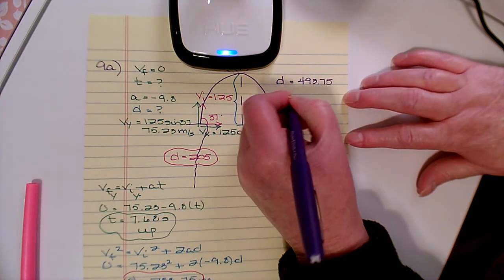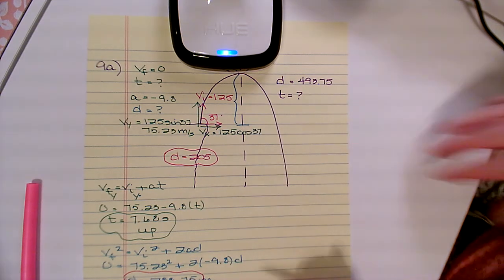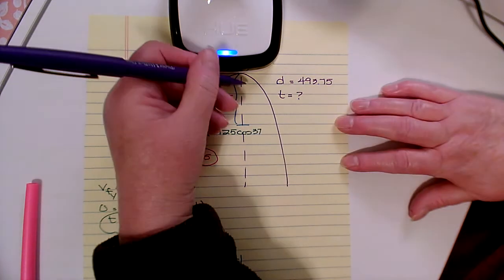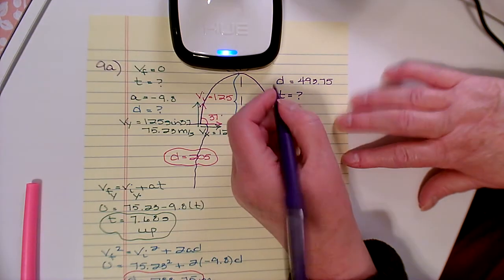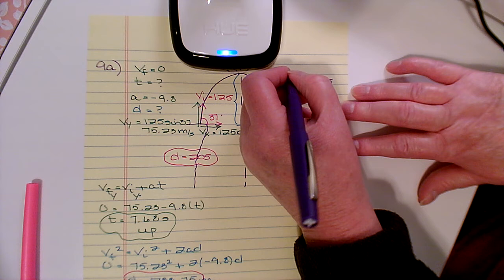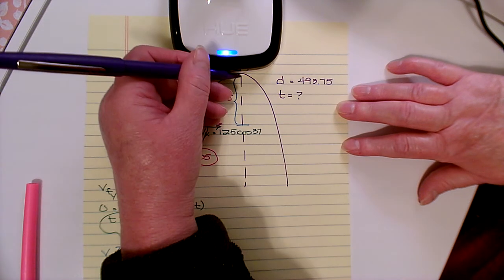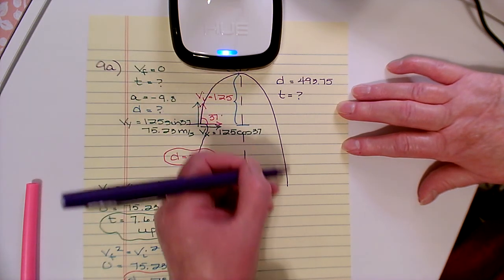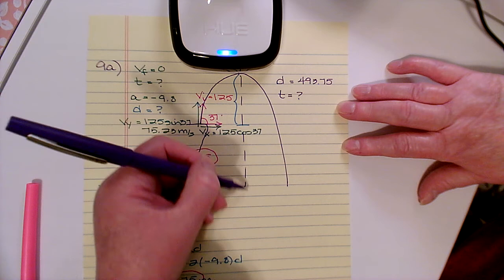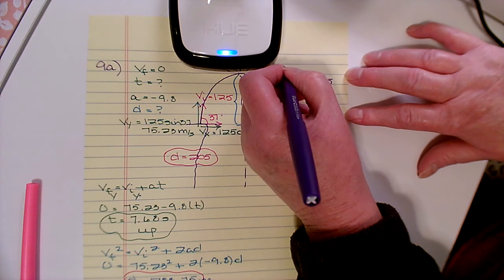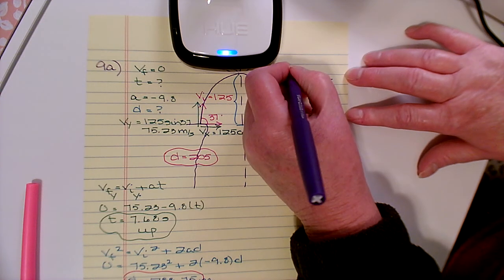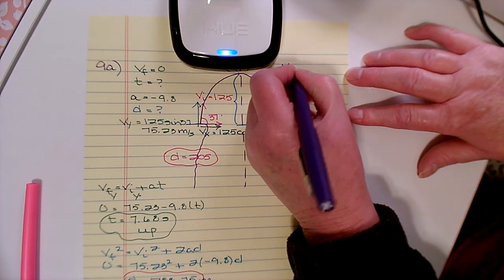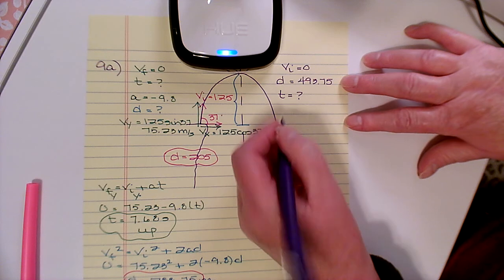So there's a lot of things that I could find out about this problem right now, but really all I need to know is how long it takes to fall down. So we're just going to look only at the right hand side of the problem, and we are going to assume that we are just going to drop it from the top, because the time it would take to parabola down would be the same as it would take to drop from the top. So in just the y direction on this side, we could assume that the initial velocity is 0.